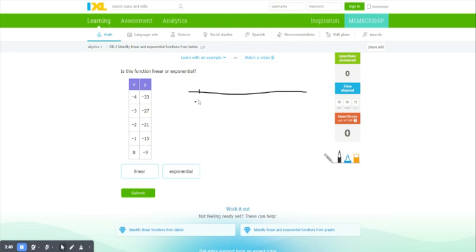If this is negative 33, this would be negative 32, negative 31, negative 30, negative 29, negative 28, negative 27, right? So if this was addition, you would be going 1, 2, 3, 4, 5, 6 bunny hops to the right. So this would be like adding 6, right?